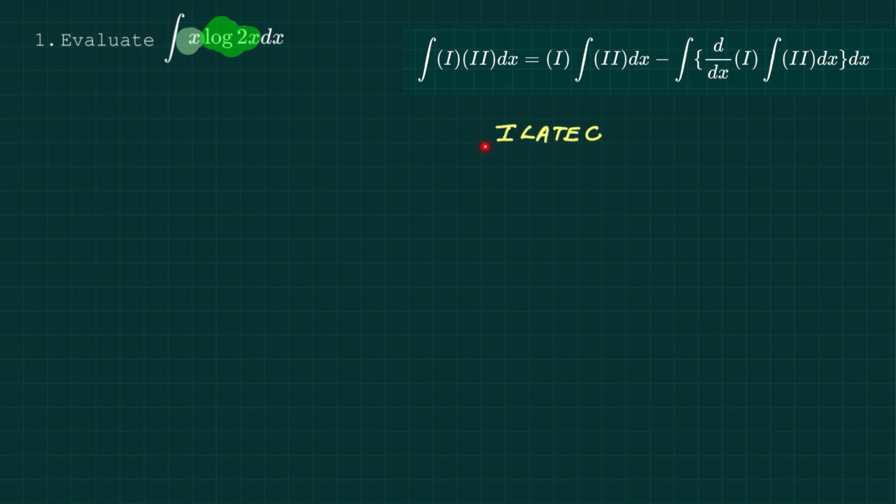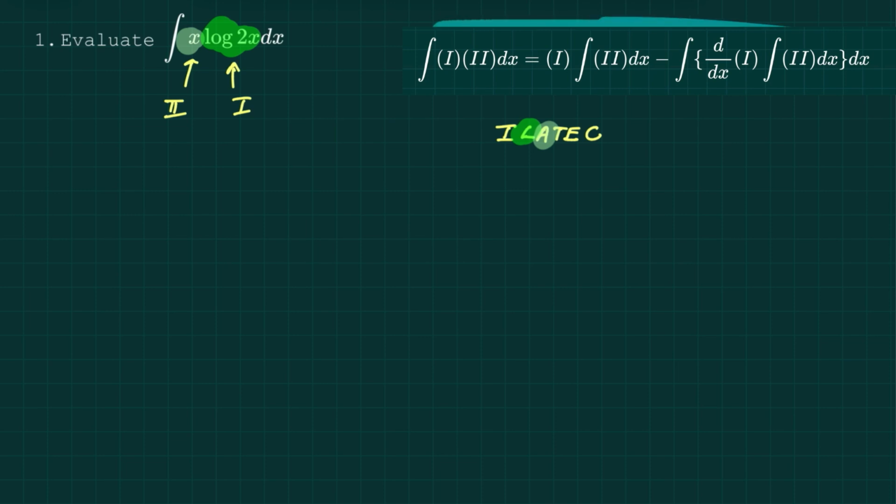Seeing this ILATE C rule, we will consider the first and second function. As you can see in question number 1, there is an algebraic function and a log function. So the logarithmic function should be considered first and the algebraic function second. So this is my first function and this is my second function.